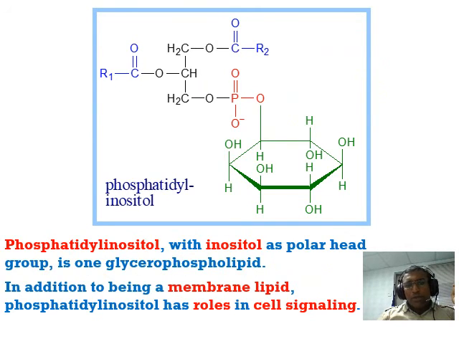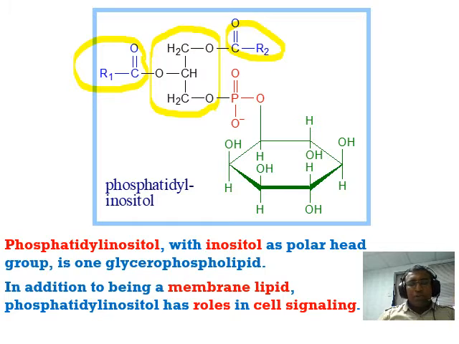So next we look at the example of phospholipid. Given here is phosphatidyl inositol, where you can see the glycerol and the two fatty acids, either the same or different type.